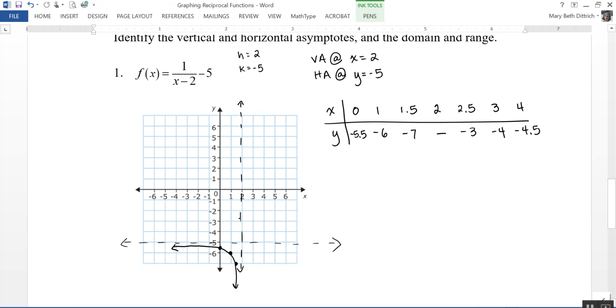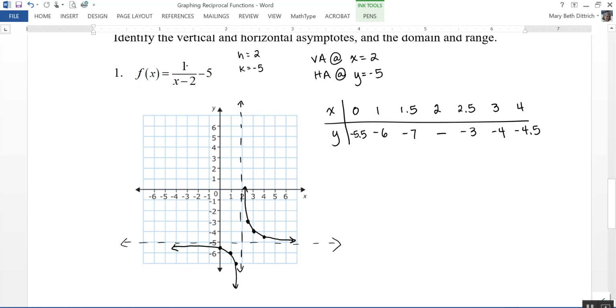And then I have 2.5, negative 3, which is this point right here, 3, negative 4, and 4, negative 4.5. And I know basically what it's going to look like, so I don't need more than probably 3 points for each piece. So there's my graph, and that makes sense.